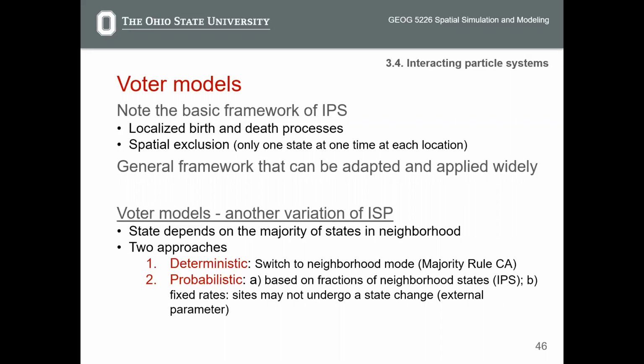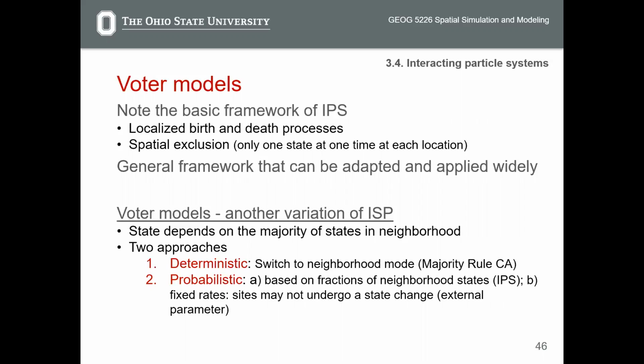In other IPS models I introduced, we use delta and beta to decide birth and death, right? And also you can consider this type of model, voter models, as another variation of IPS because the state of each cell depends on the majority of states in the neighborhood.